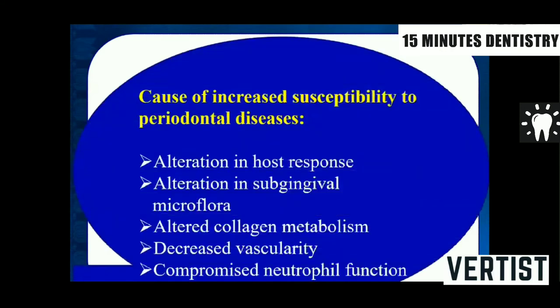The causes of increased susceptibility to periodontal diseases are: alteration in host response, alteration in subgingival microflora. The ecosystem has changed because there is more sugar content over there, right? So the subgingival microflora changes, which causes more destruction in the presence of the same local conditions.